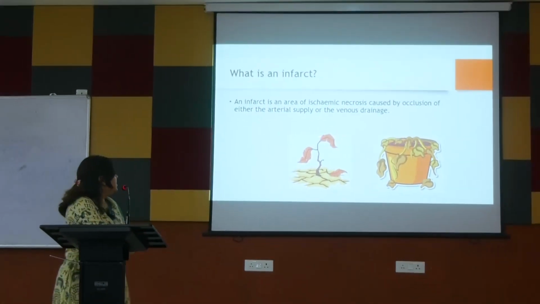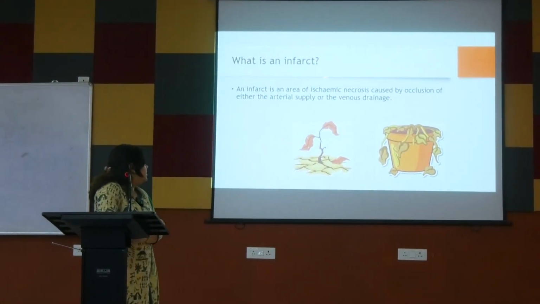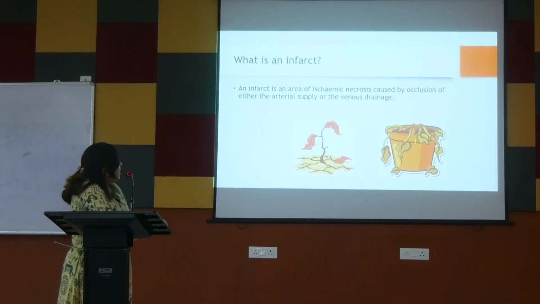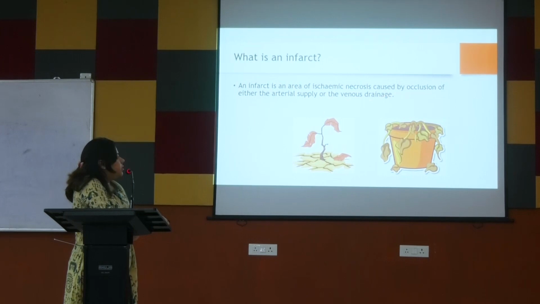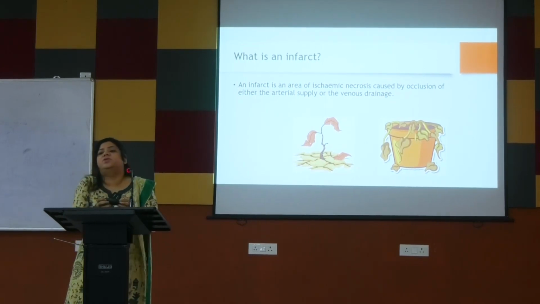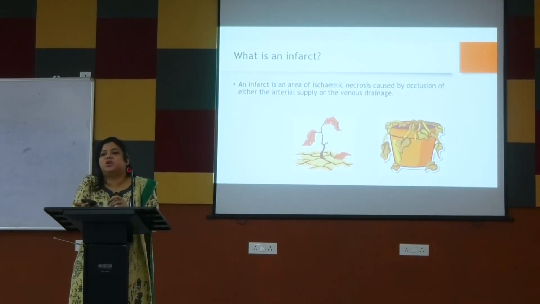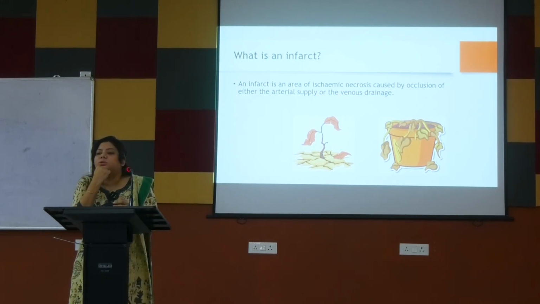So an infarct is an area of ischemic necrosis, that is no blood flow, an area of ischemic necrosis caused by occlusion of either the arterial supply or the venous drainage. This is for the benefit of the students who just came in, who are still looking at each other. Please read this out, because otherwise you'll be copying the questions. Please, the students who just came in, you're sitting right there, I can see you.